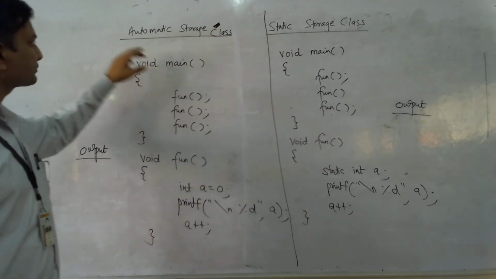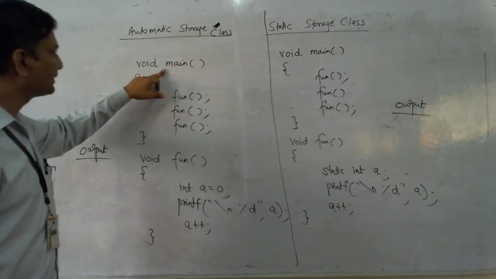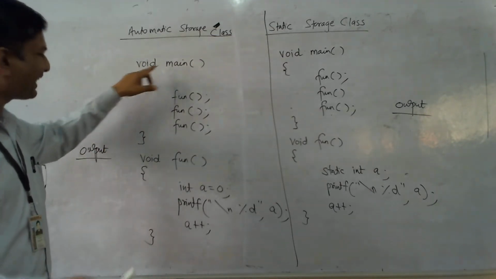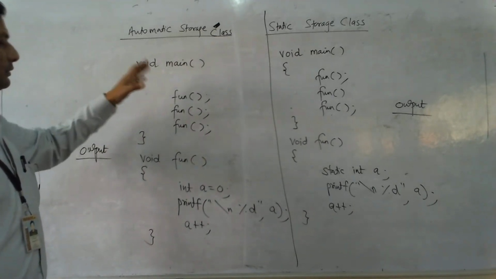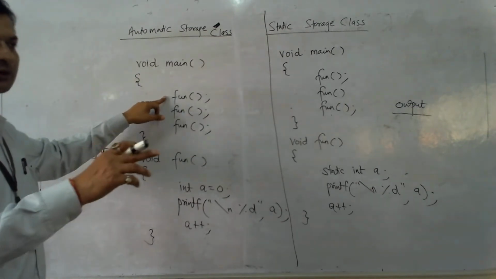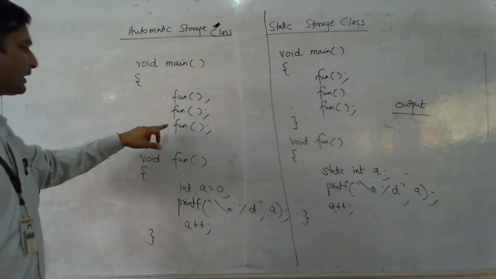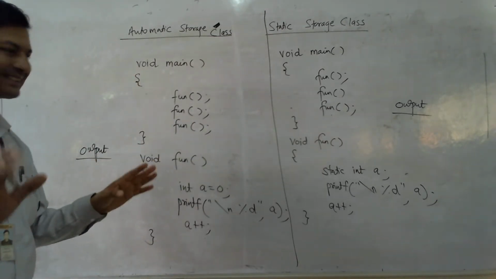Why? Because execution of the program starts from main and ends at main. It means with the first line of the main function, execution of the program starts, and with the last line of the main function, execution of the program ends.